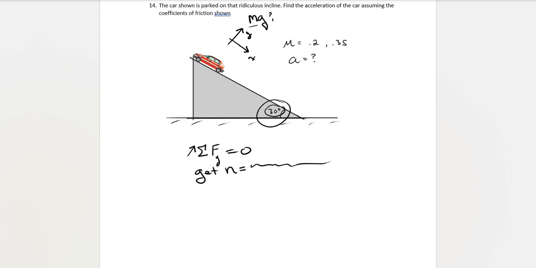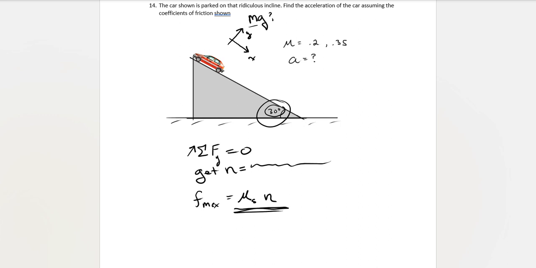Once you find the normal force, or at least an expression for the normal force, then come up with an expression for the maximum possible frictional force, which, remember, is the coefficient of static friction times the normal. Now, based on this problem, you're not going to be able to get a number here. You'll have an expression for this, but that's okay.